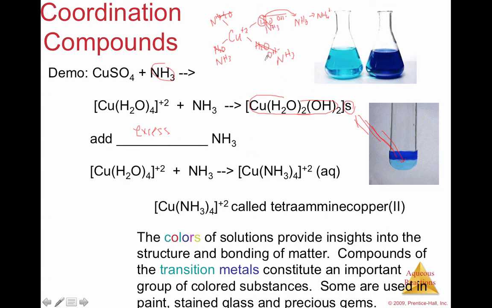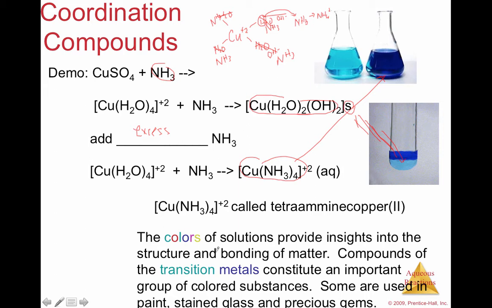Producing this tetraamine copper 2 complex, changing the color into a dark blue solution. You can notice here that the change in the ligands changes the colors.